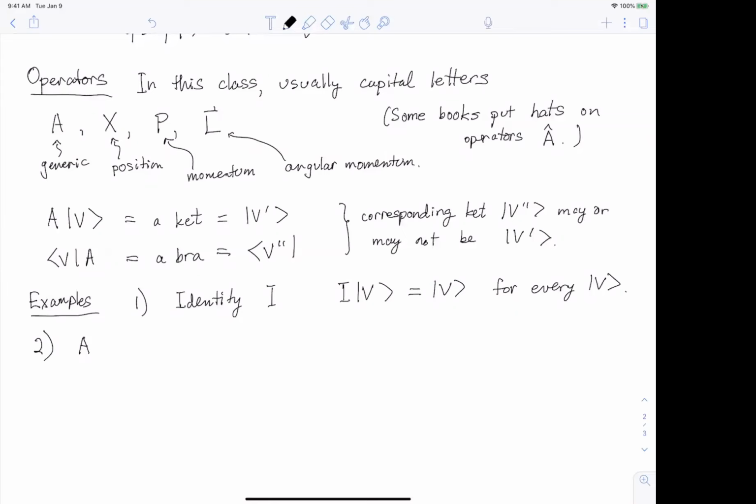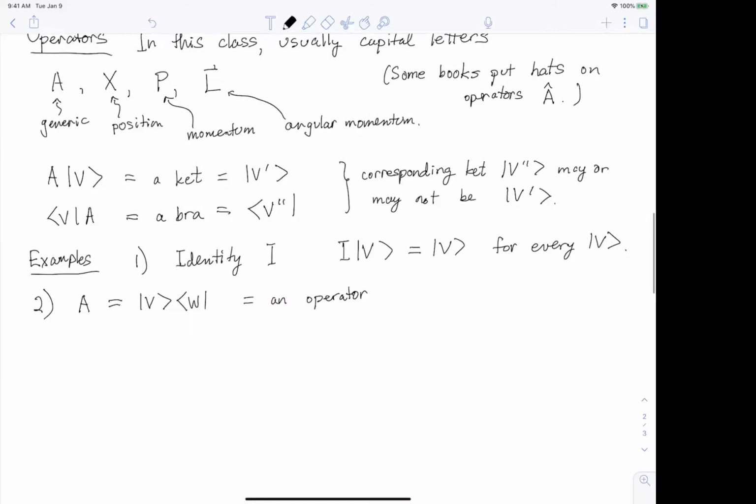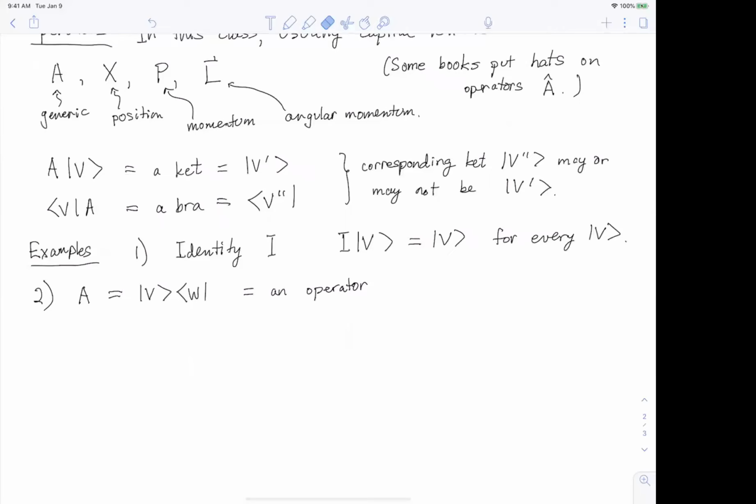All right. So another example of an operator that you can form is something like this. I can take a ket and then put it next to a bra on its right, of any two vectors V and W. So this is an operator. It looks like a ket followed by a bra, and it is, but it's also an operator. And why is it an operator? It's because if I act on a third vector, let's just write down what that is.